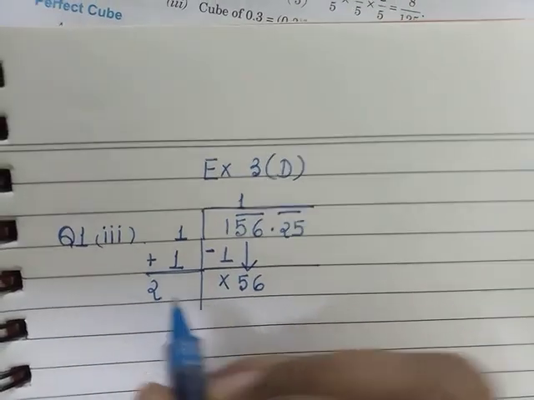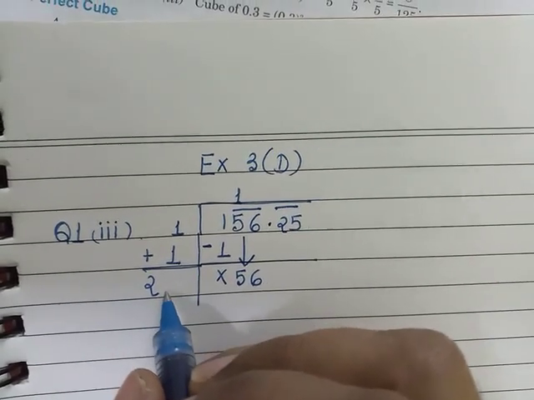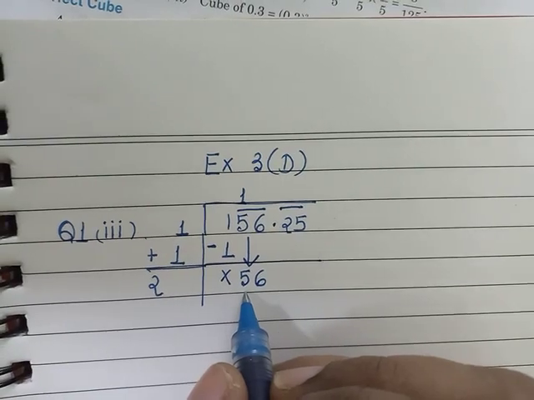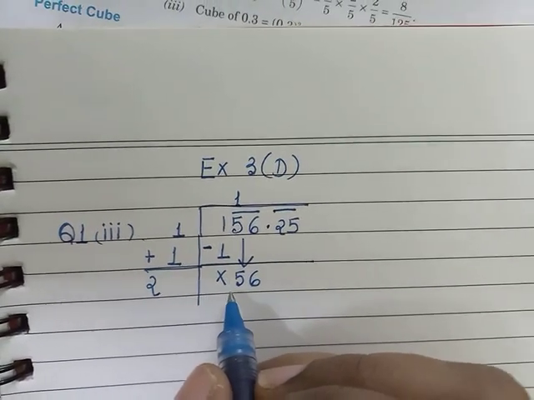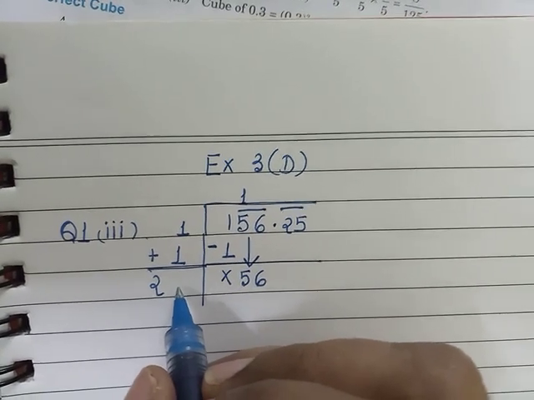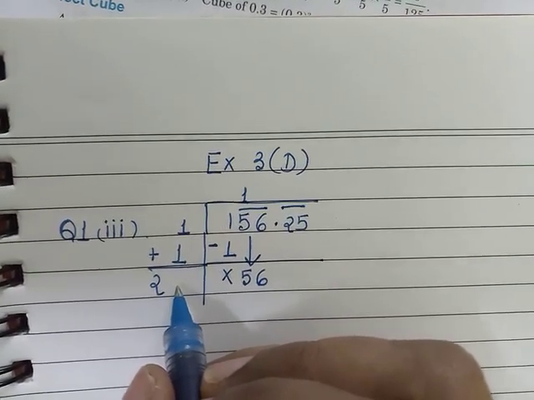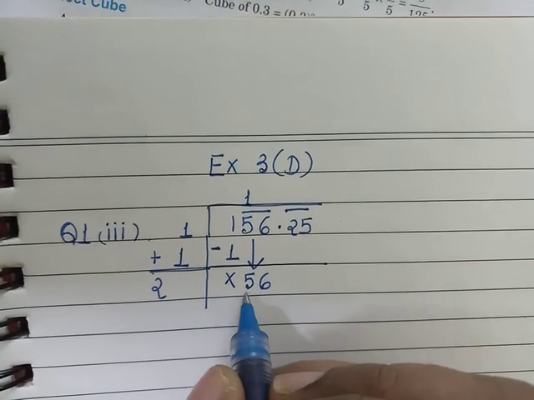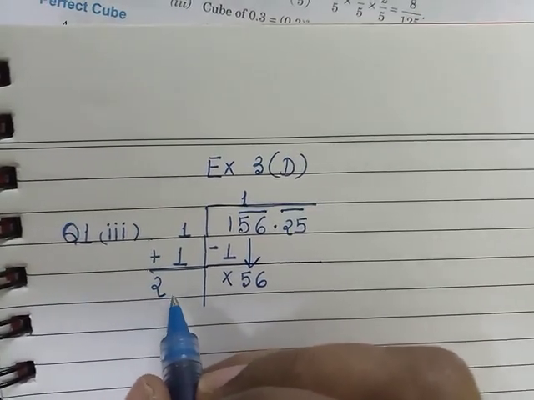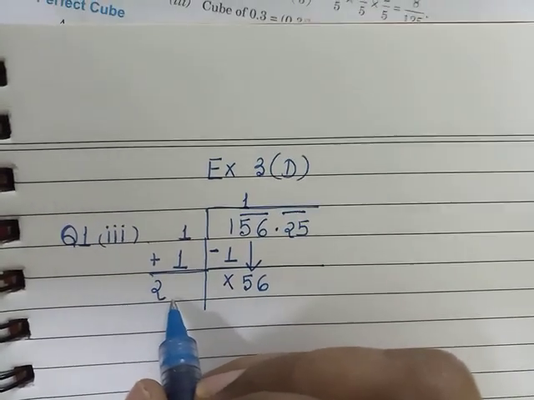If I affix 1 here, that will become 21. 21 into 1 will give you 21. That is very far away from 56. Then I affix 2 here, that will become 22. 22 into 2 will give you 44. Again it's close to 56. Then I affix 3: 23 into 3 becomes 69.